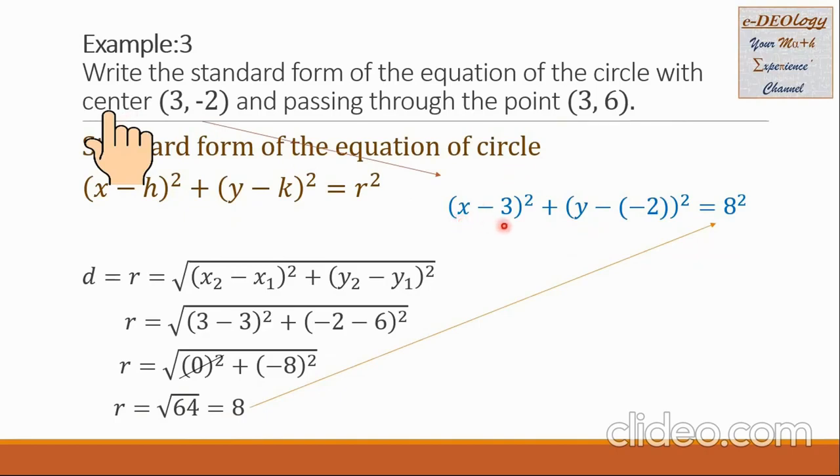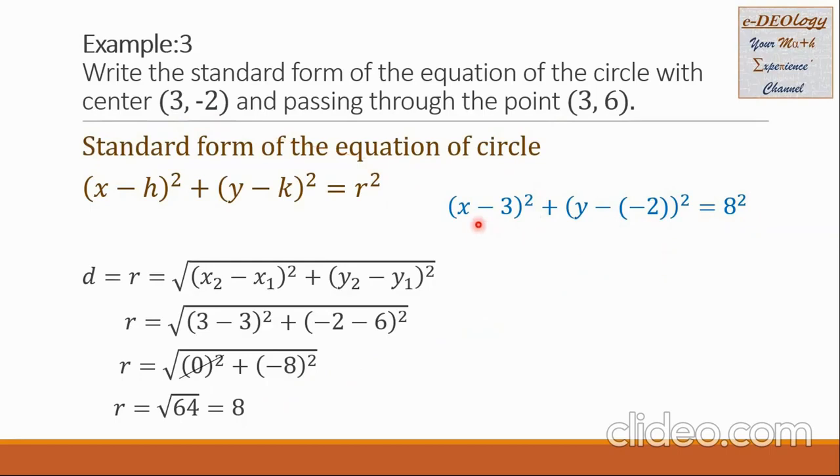x minus h. So the h now is 3. Then we put the square plus y minus k, and the k is now changed into -2. We put the square equals r squared, and our r is now computed, which is 8, and we put 8 squared.